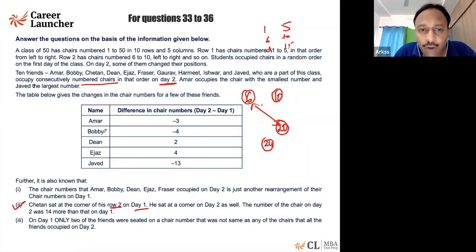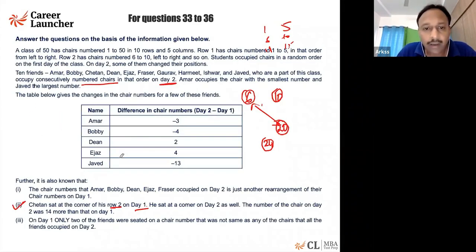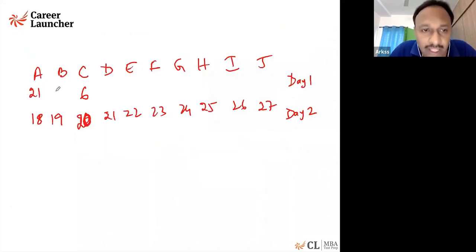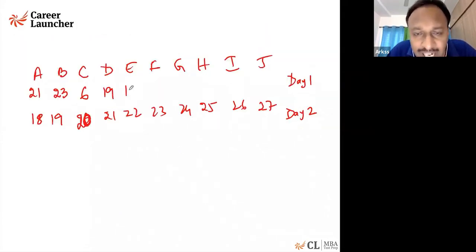First and foremost, A is -3. I know 18, so this has to be 21. B is -4, so this has to be 23. 19 minus 23 is -4. D is +2, so this has to be 19. And E is plus 4, that means this has to be 18.